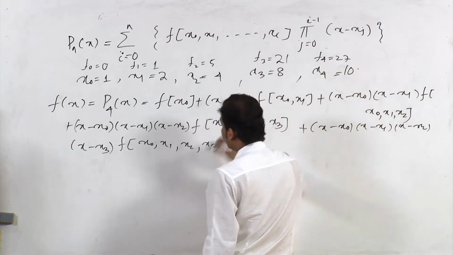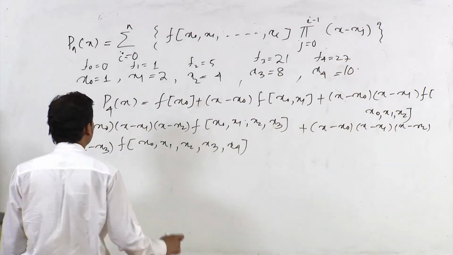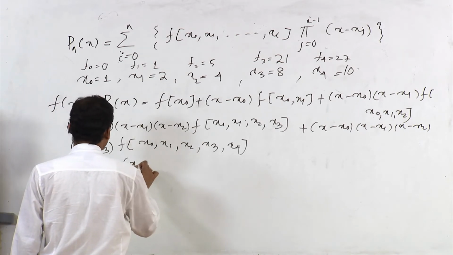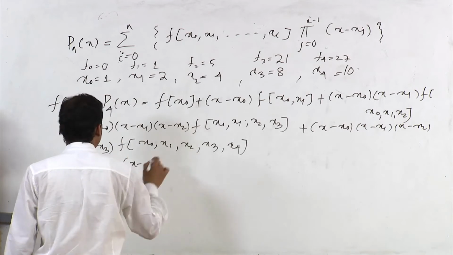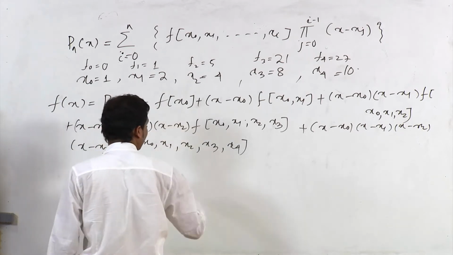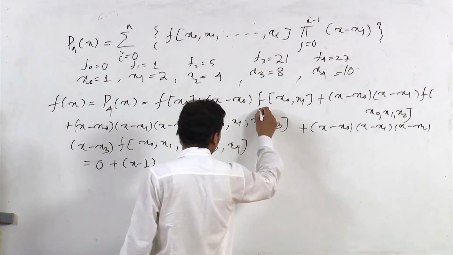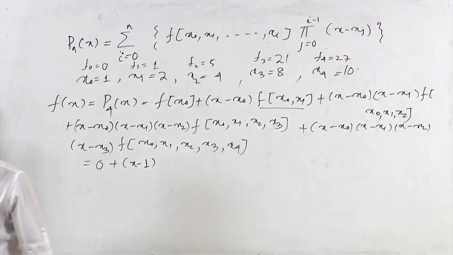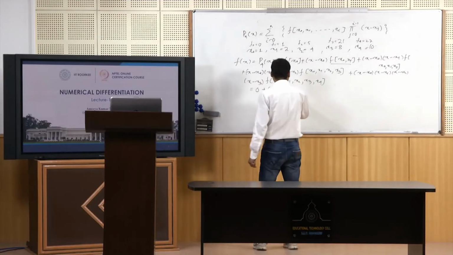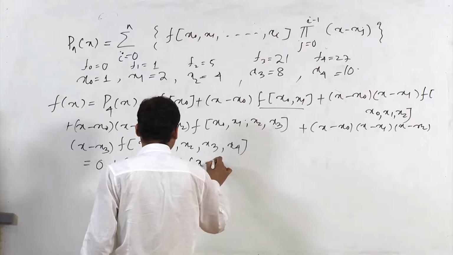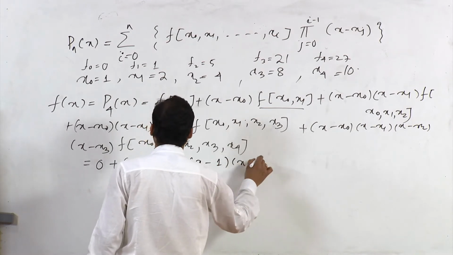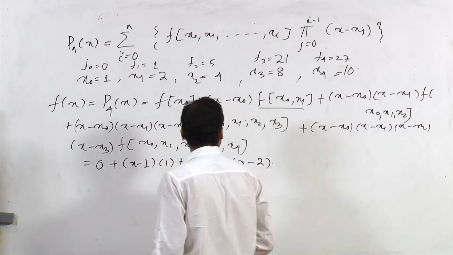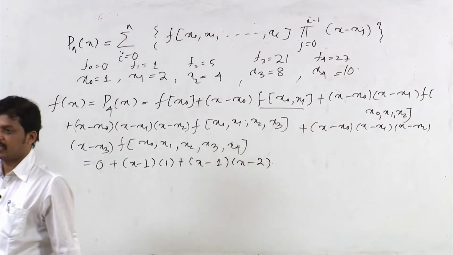So if you put these values, f of x0 is 0, so we write 0 plus x minus x0, where x0 is 1, then f of x0, x1, which we discussed in the last lecture, is written as 1, plus x minus x0, x minus x1, into the divided difference f of x0, x1 and x2.